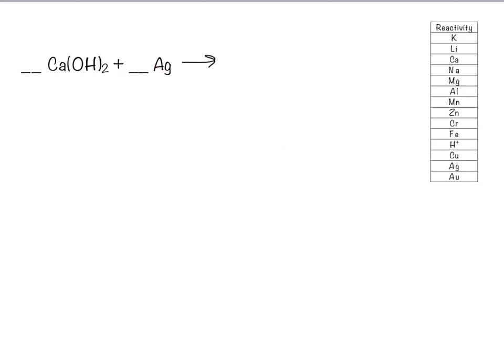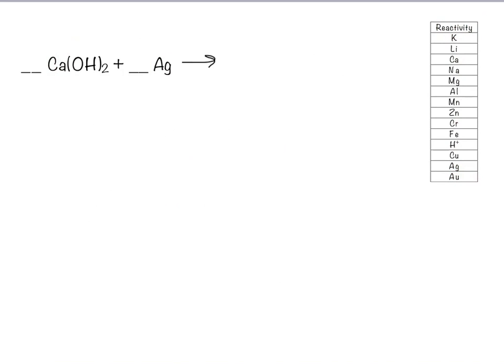Okay, these types of questions relate to your metal reactivity lab. Basically, as you recall, in order for this single replacement reaction to occur, in order for the silver to replace the calcium, silver would have to be more reactive. You'll be given a list of metal reactivities, and they go from the most reactive down to the least.